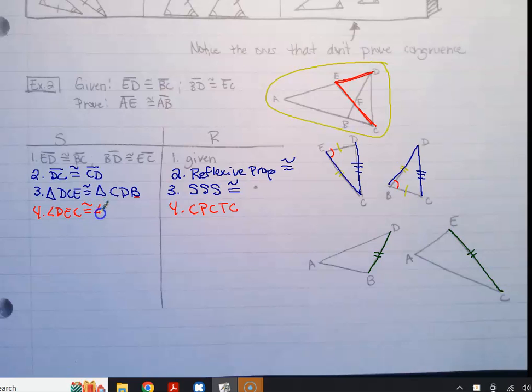Is congruent to angle, if we're calling it DEC, then it's congruent to angle CBD. But that is helpful. But it's one of those where you have to keep going back and forth.